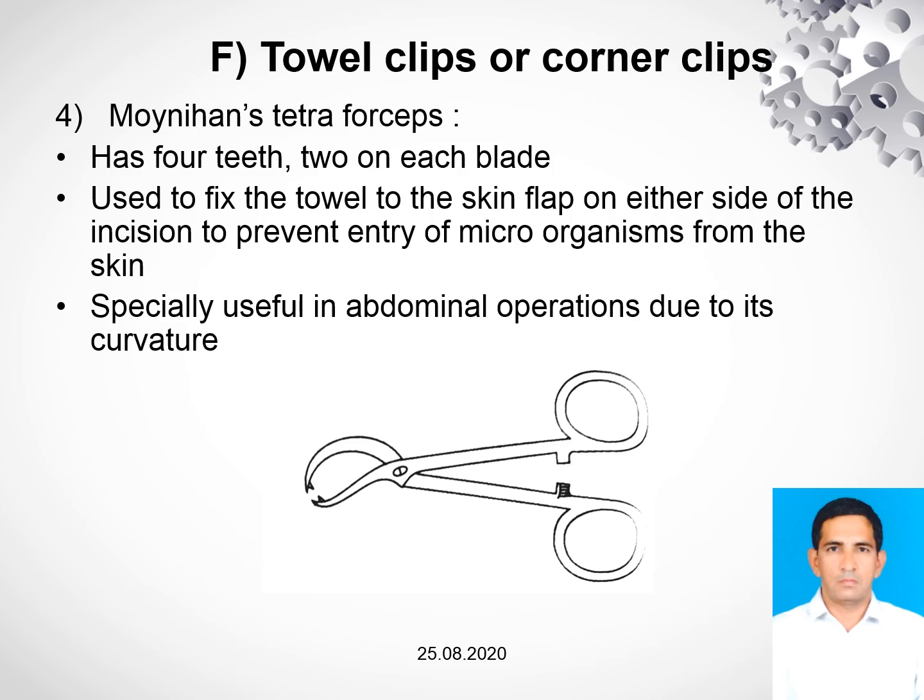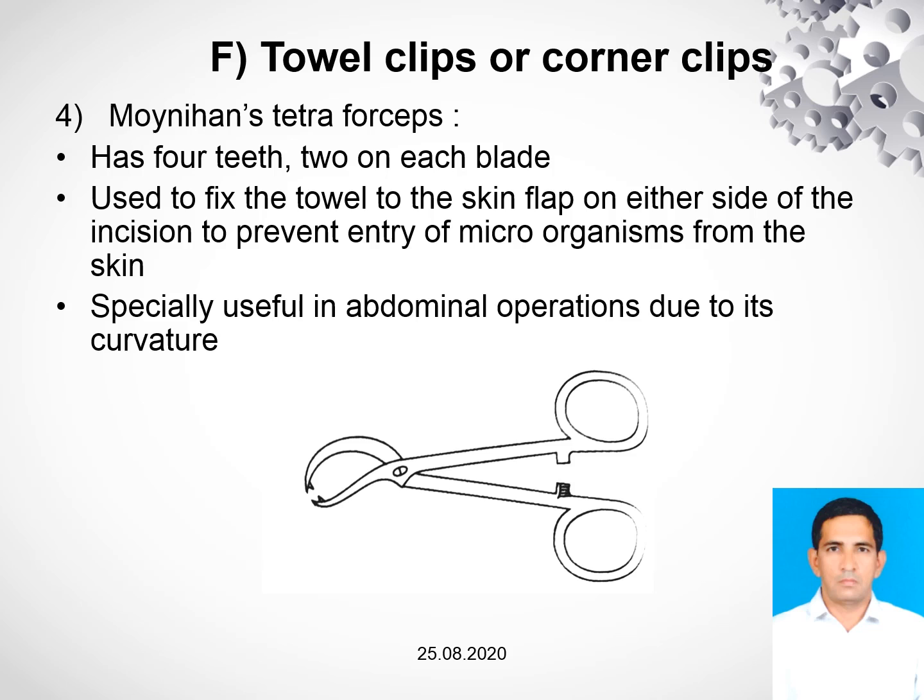Moynihan towel clamp, 19 cm. Moynihan clamps are used to secure towels to the drape in a surgical procedure. Moynihan clamps have two sharp prong teeth.